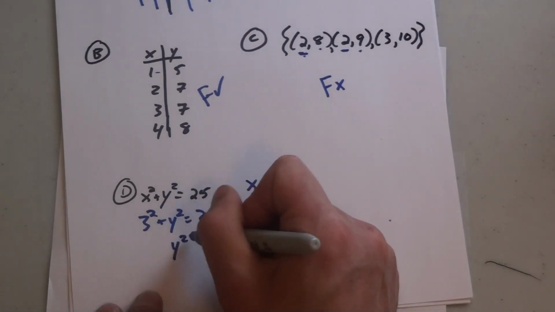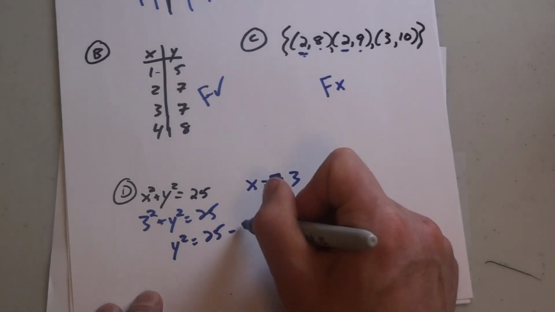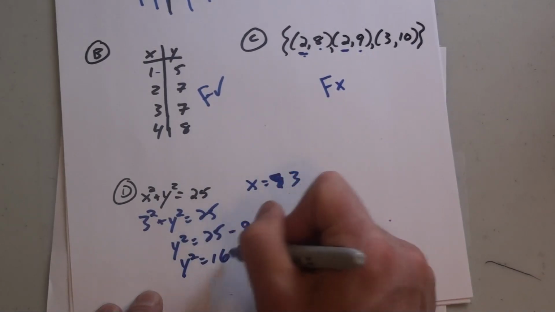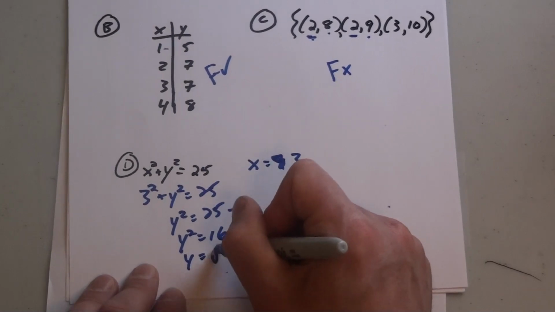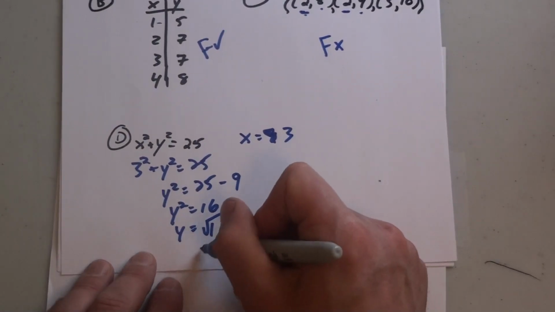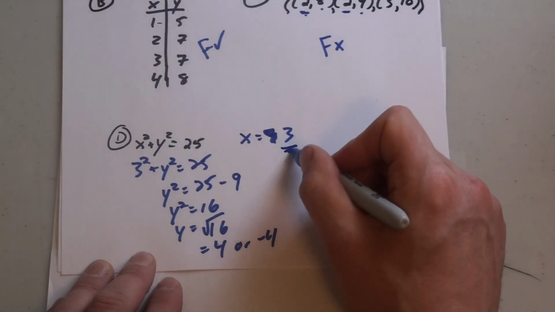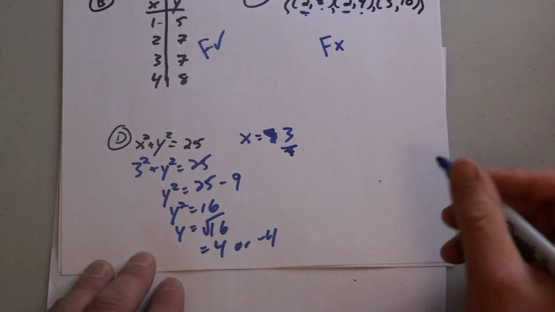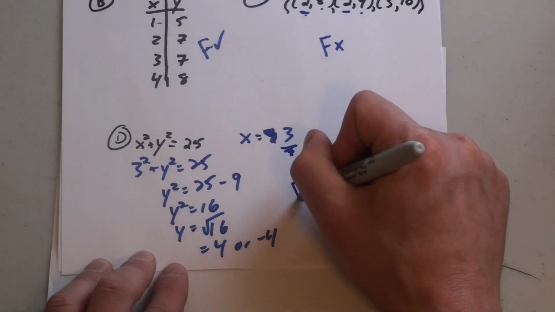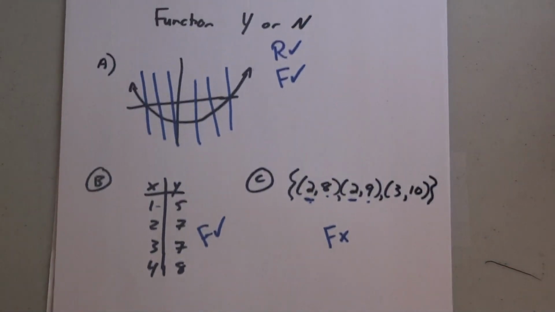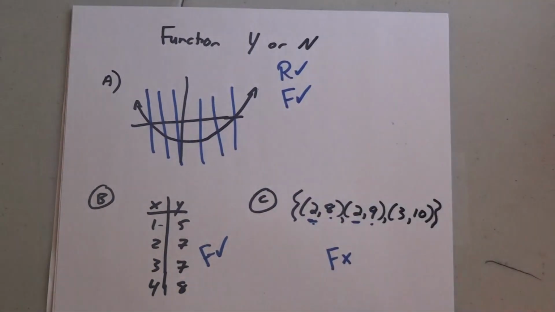So I'll have y squared equals 25 minus my 3 squared, which is 9. So y squared is going to equal 16. y is going to equal the square root of 16, which will be 4 or negative 4. So I had my one input of 3, and it gave me two different y values. Okay, so that is not a function. The definition of a function is a relation where only one input gives me one output.